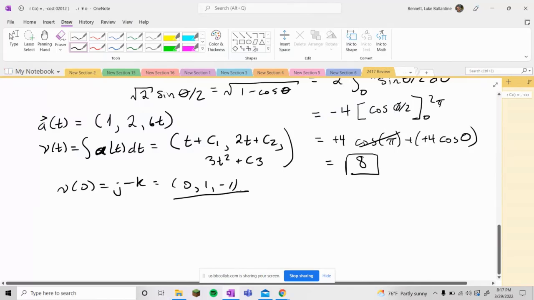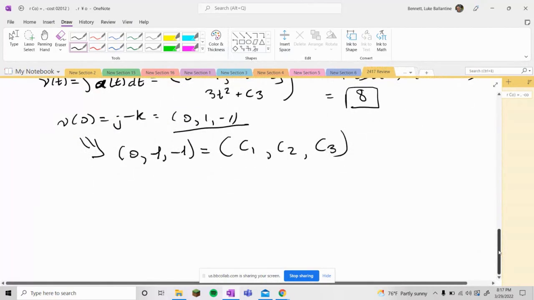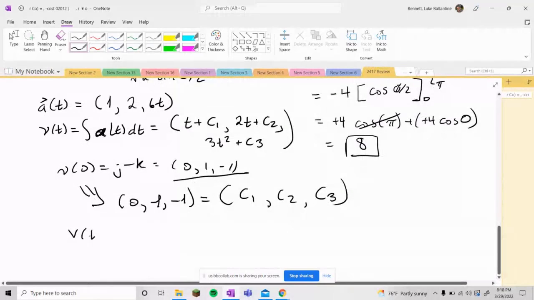So we use this, we say this implies that we have 0, 1, negative 1 equals c1, c2, c3. So our velocity vector is t, 2t plus 1, 3t squared minus 1.